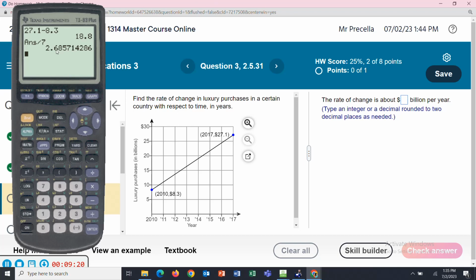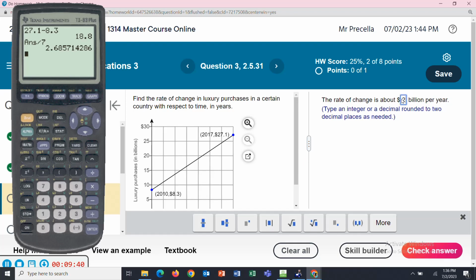So looking over here, the 6.8, are we going to leave it as a 6.8 or do we make it a 6.9? Well, since the digit after the 8 is a 5, we're going to round it up. So 2.69.